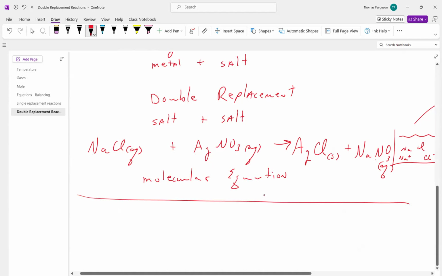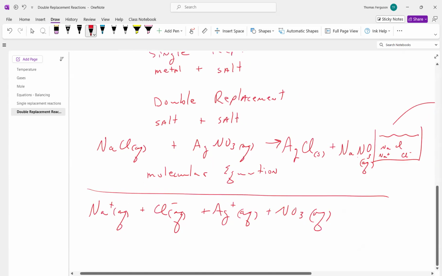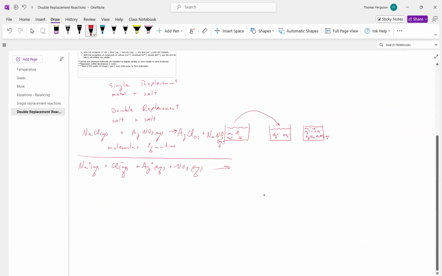So this is what it looks like if we take them apart. Okay, so I took all the aqueous stuff apart into individual ions, except the solid, because that's together.